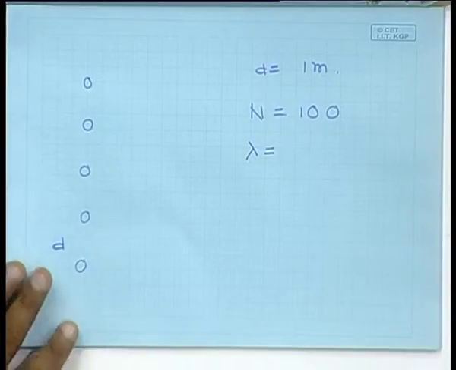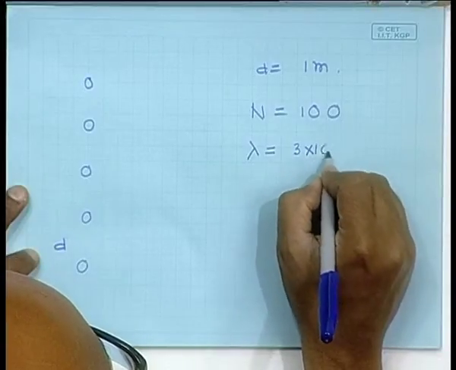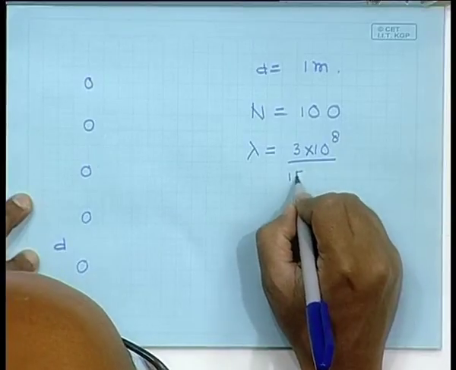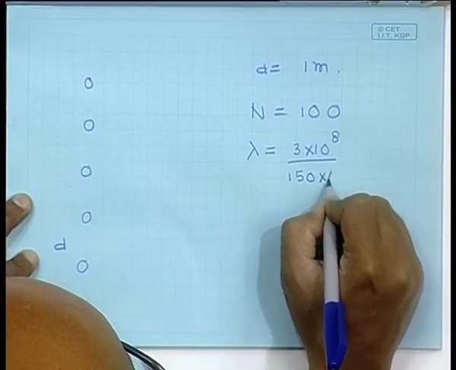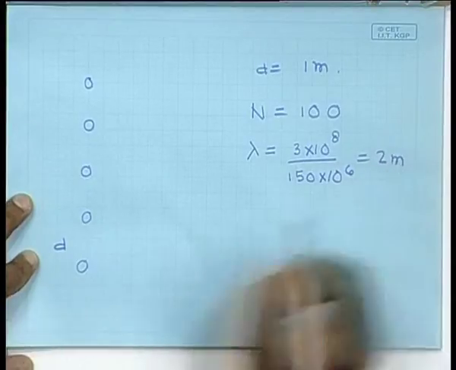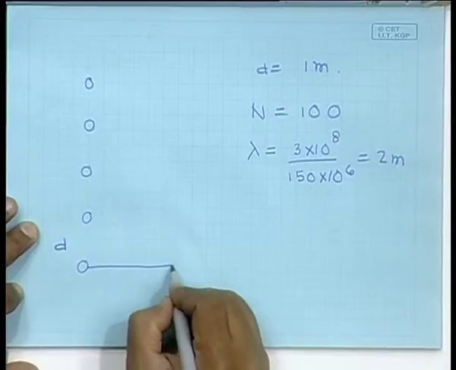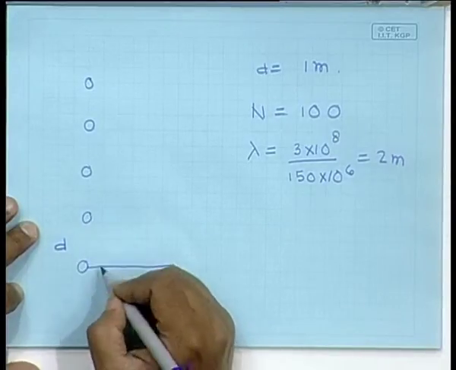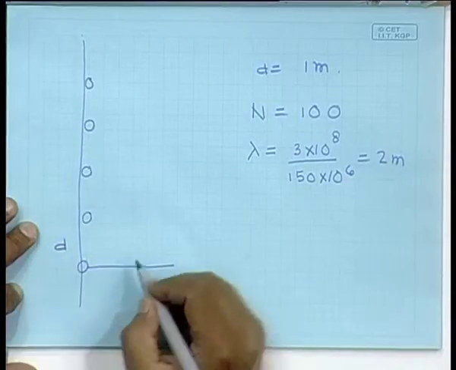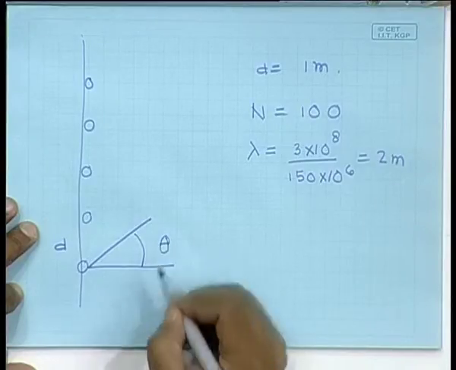So, the wavelength is c, the speed of light, 3 into 10 to the power 8, divided by 150 into 10 to the power 6, which is 2 meters. So, the wavelength is 2 meters, and the angle theta is measured with respect to this direction. The chain of dipoles is aligned like this, and this is the angle theta.